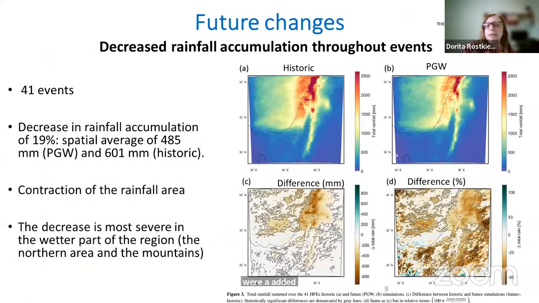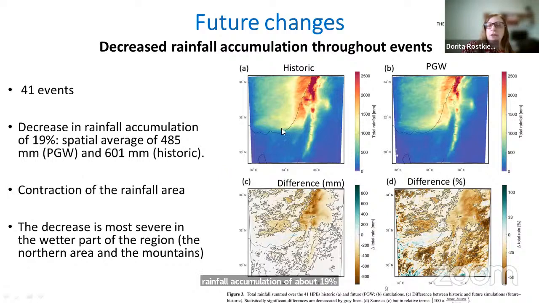Here we see the overall plot for all historic events that we ran. And here we see the total rainfall for the simulations that were done with the pseudo-global warming method. What we can summarize is that we see a decrease in rainfall accumulation of about 19%.